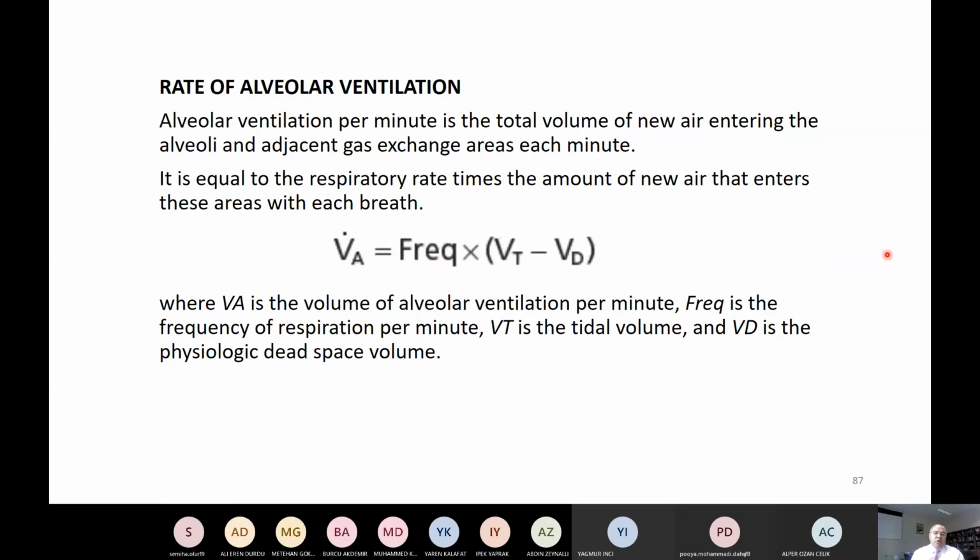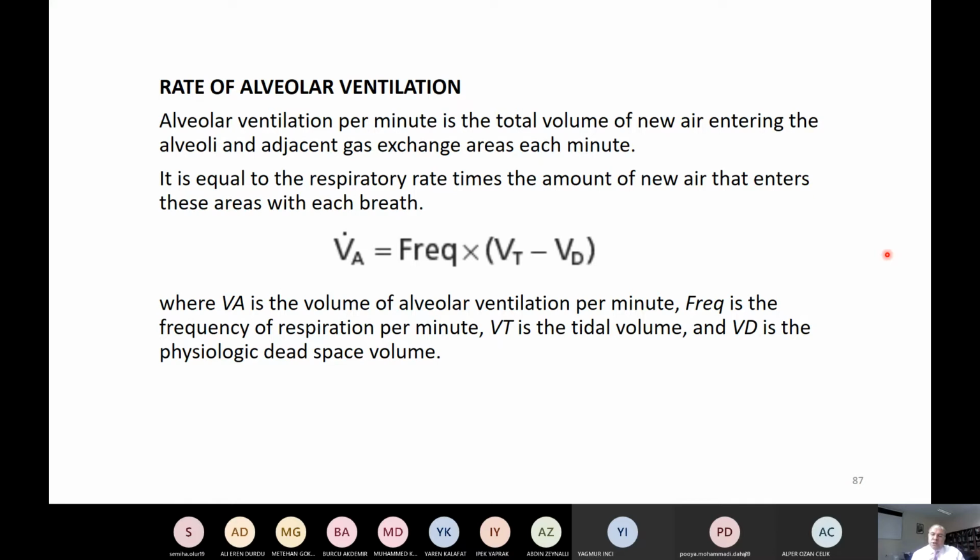Now, the rate of alveolar ventilation is easy to calculate. How to calculate it? This time you will simply take away the dead space from the tidal volume. For example, 500 milliliters tidal volume minus 150 milliliters of dead space. So each time 350 milliliters is the alveolar ventilation, by each respiration, by each inspiration.